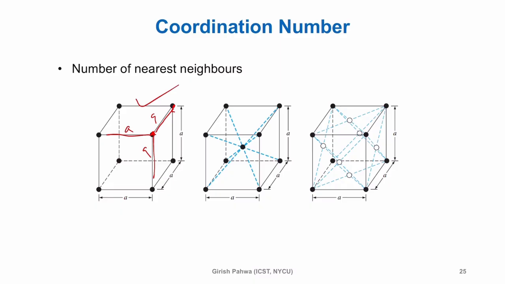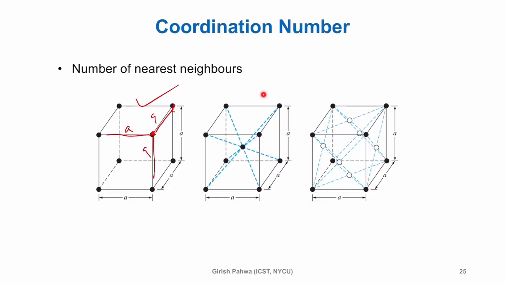What about a BCC? How many nearest neighbors? So this thing is going to repeat. Front, side, top, bottom, everywhere. What? 10? 8. Is it 8?